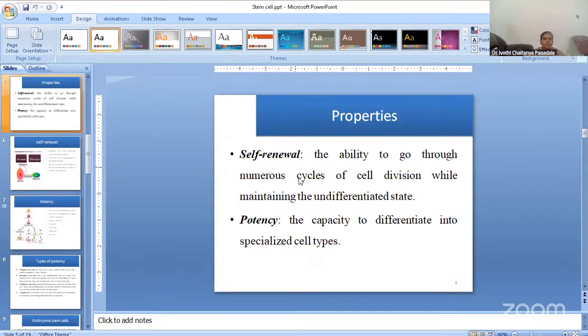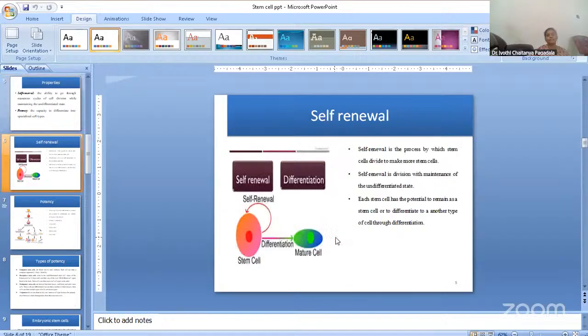So just now we discussed the self-renewal capacity of stem cells, the ability to go through numerous cycles of cell division while maintaining the undifferentiated state, and potency, the capacity to differentiate into specialized cell types.